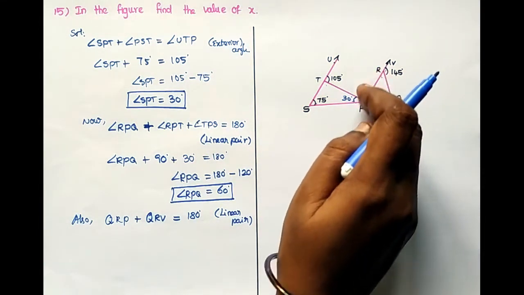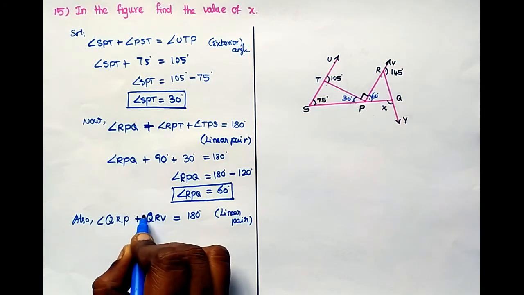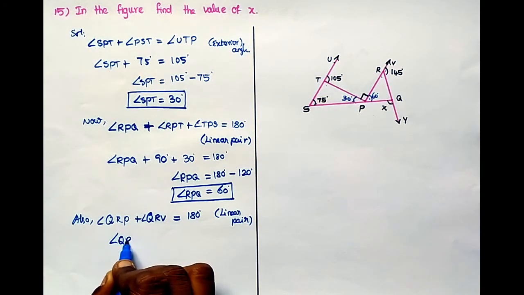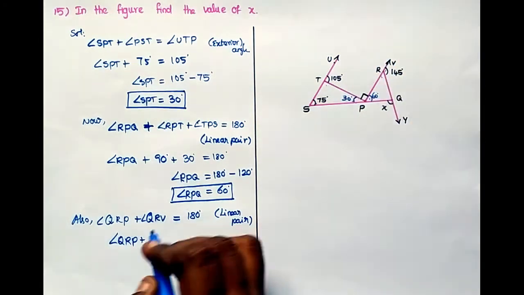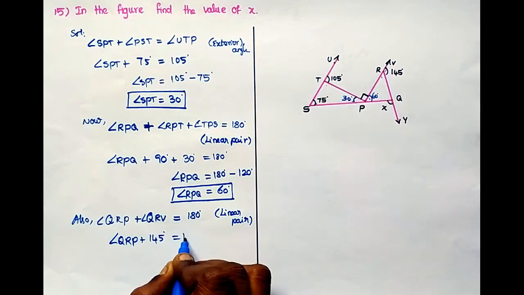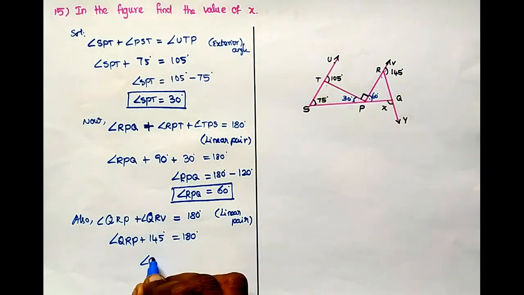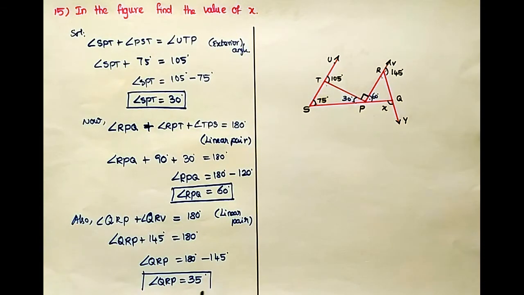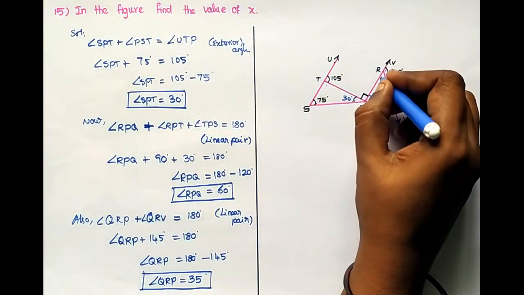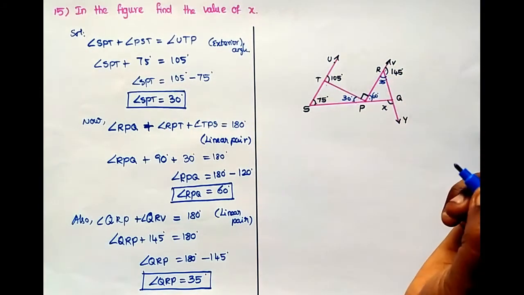QRP is what we want to find out, so we don't know. QRP plus QRV, that is 145 degrees, equal to 180 degrees. So angle QRP equal to 180 minus 145 degrees means we get QRP equal to 35 degrees. So this one is 35 degrees.